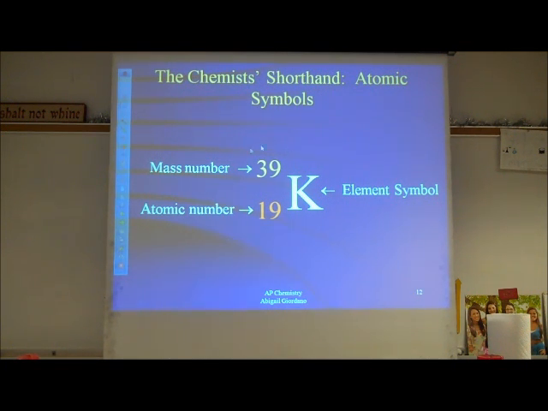What is the top number? Mass number, which is the number of what? Protons and neutrons. Okay? And actually, before I talk about this, just looking at this, you should be able to then tell me how many neutrons this element has. 20. 39 minus 19 is 20.